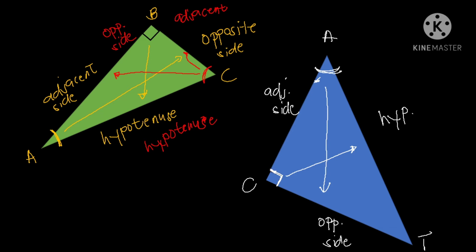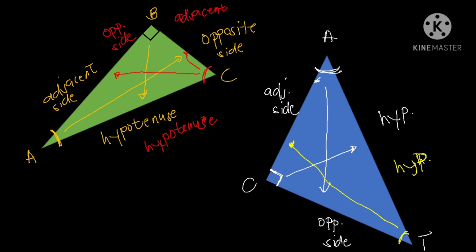But if your reference angle ay etong nasa angle T, same pa din yung hypotenuse nyo. Kahit ano ang maging reference angle nyo, same pa din yung hypotenuse nyo. Mag-iiba lang kung asan ang opposite and adjacent side.